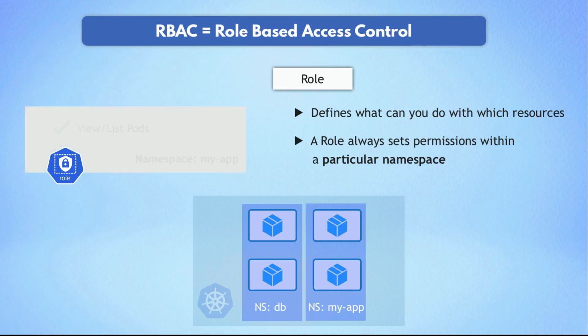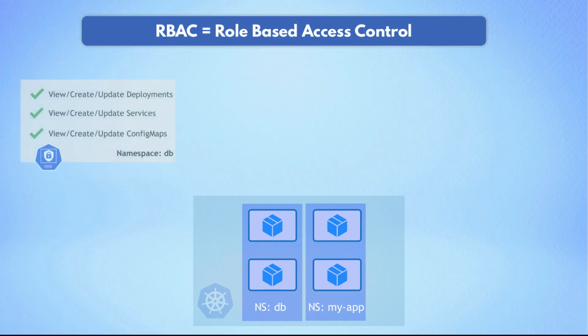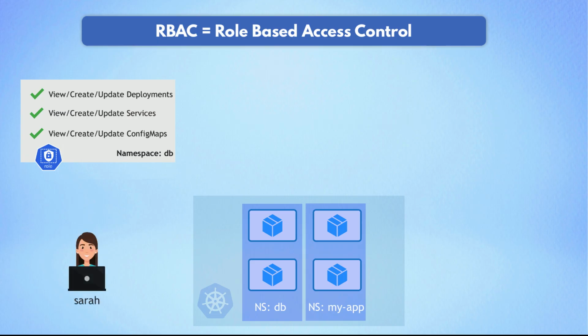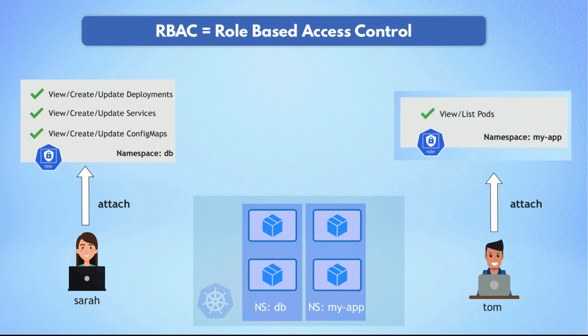Or you may have a role that allows only viewing and listing pods in a my app namespace. Now the roles need to be attached to actual users, like a team member, Sarah, who is deploying and managing database services in a cluster, can get the first role associated to her user. And a junior developer, Tom, can be granted the view-only role to be able to see what pods are running in a my app namespace.